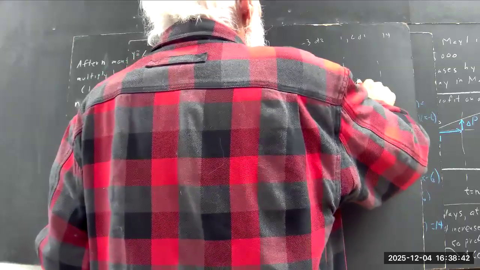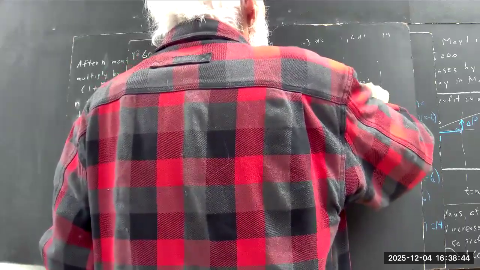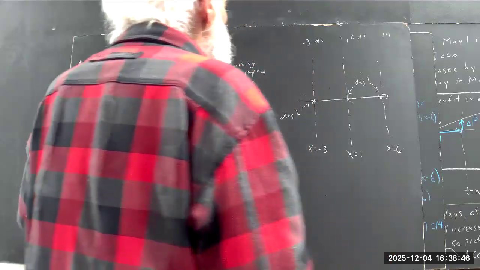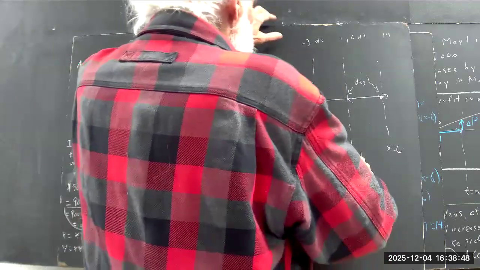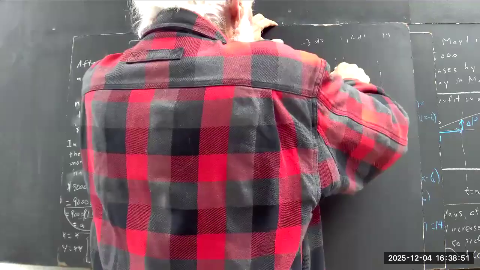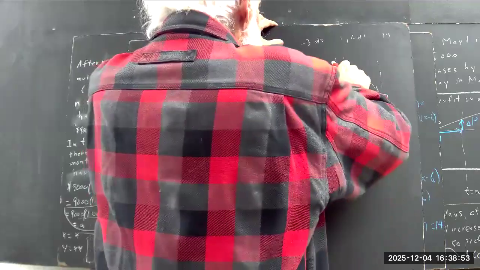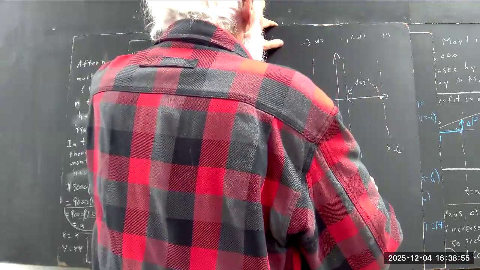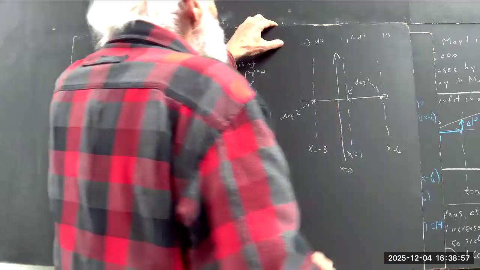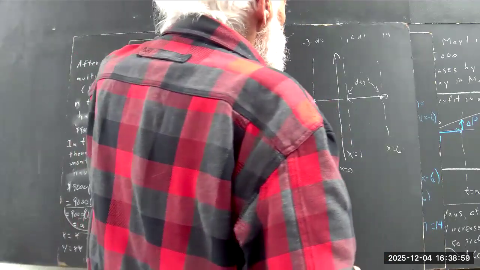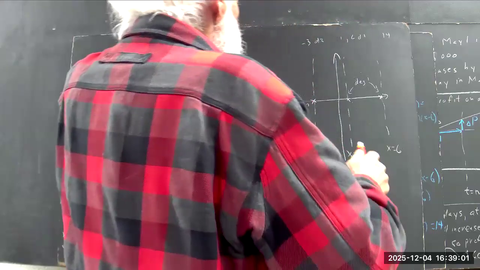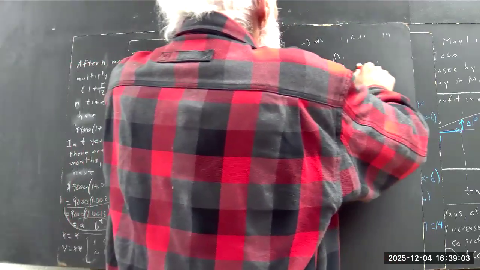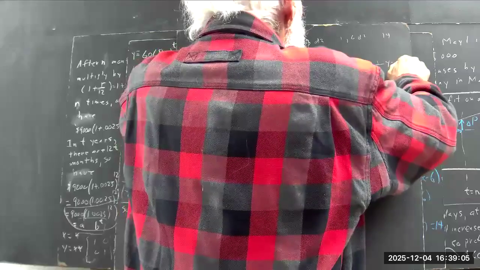These are both of degree 1. The y-axis is going to be about here. That's x equals 0. And the y-intercept is said to be at 14. So we draw a line for y equals 14.